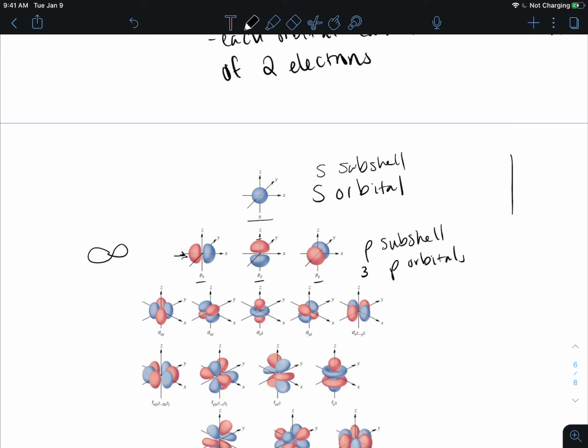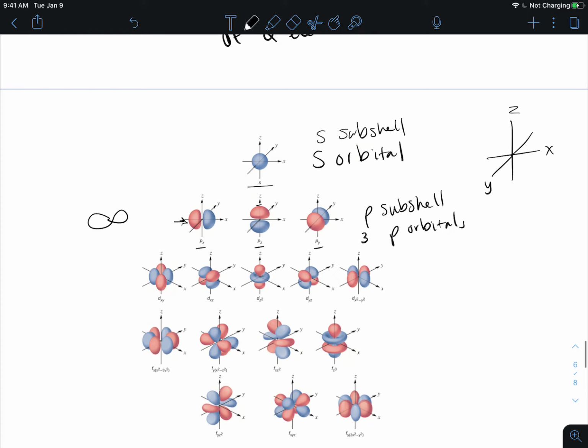So remembering x and y are generally what we normally think of. Well, let's actually write it the way that's shown here. We have an x here, a z here, and then behind and in front of this flat plane is our y-axis.